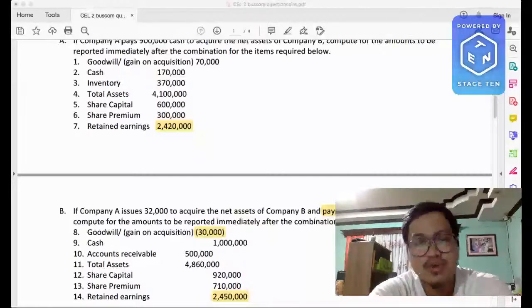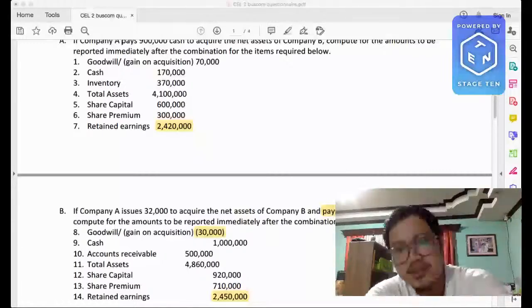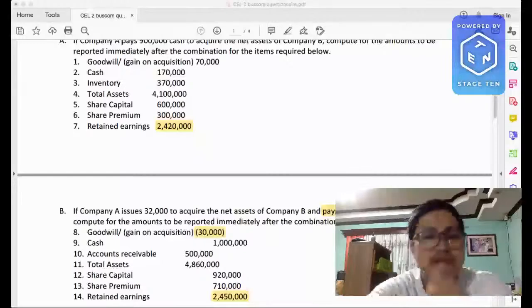Okay, so compute your cash correctly, compute all other assets correctly, and do not forget to include the resulting goodwill, if any, in computing for your combined total assets. Okay? If you're lucky that you forgot goodwill and it so happened that the problem did not result in a goodwill, then good for you.